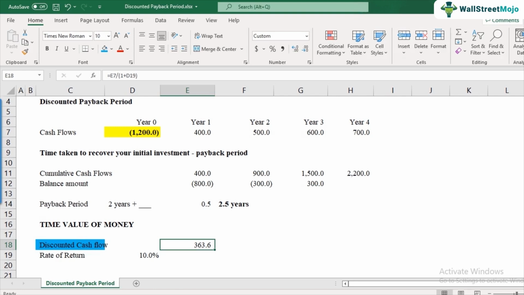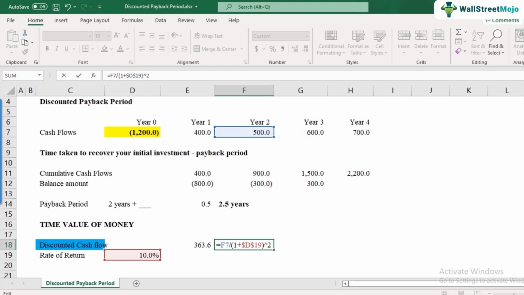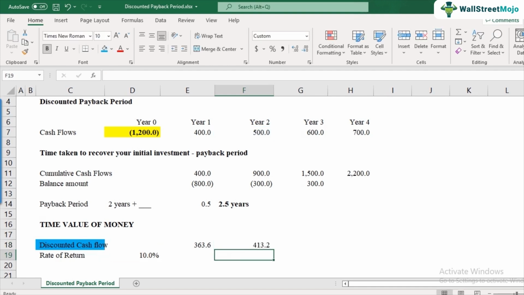Okay, so let's look at year 2. So I'll copy this formula and paste it, and instead of to the power of 1, I should have power of 2 because I'll get $500 at the end of year 2. So I have to discount it twice, right? So this will come out to be 413. And what about year 3?